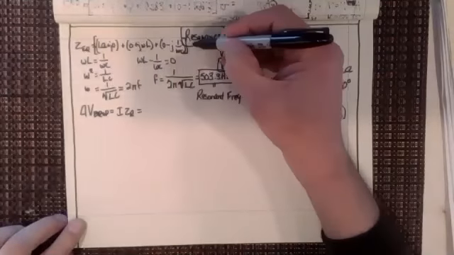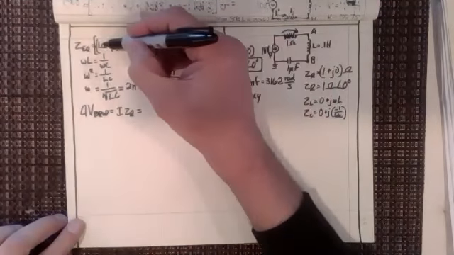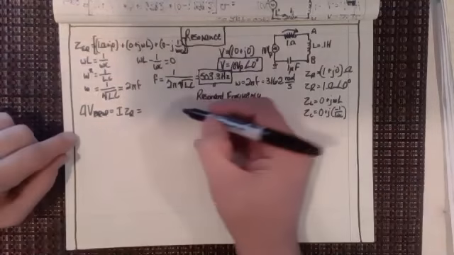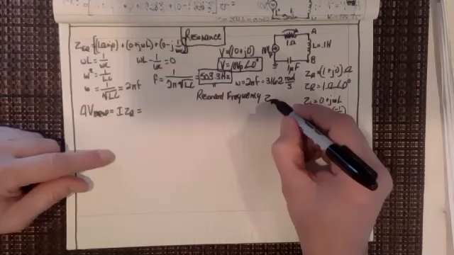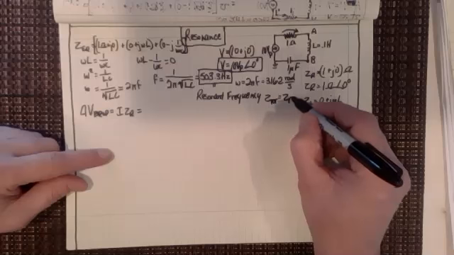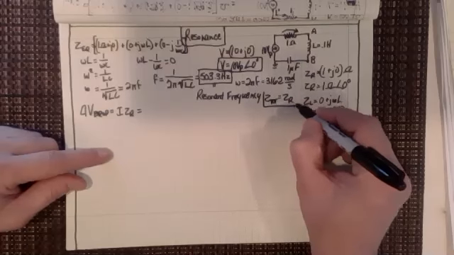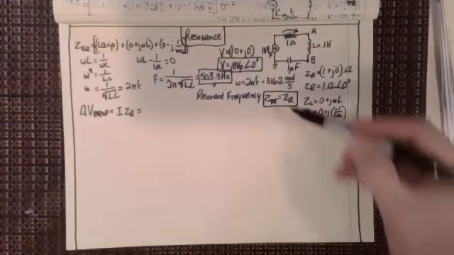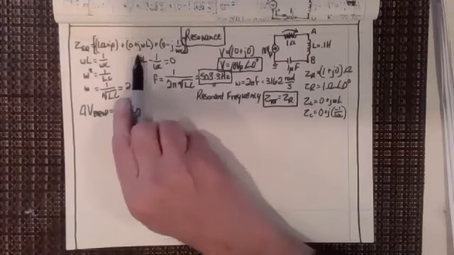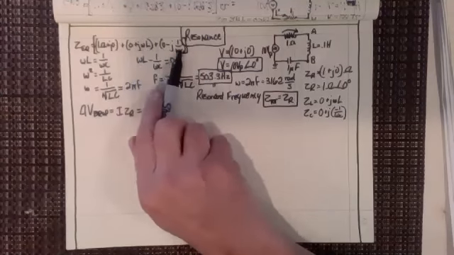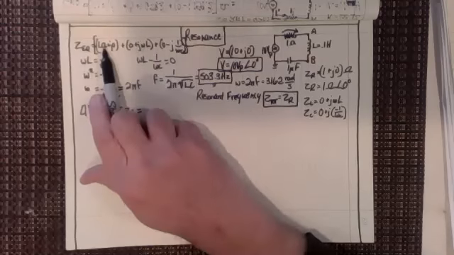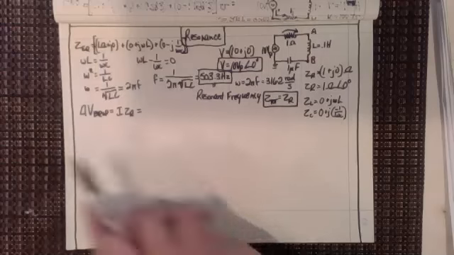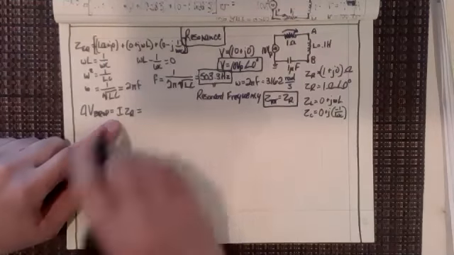If I add all of those up and these two cancel out, isn't the total impedance of the whole circuit equal to the impedance of just the resistor? Because the impedance of the inductor and the impedance of the capacitor have canceled each other out. So the only thing we have left is the impedance of the resistor.